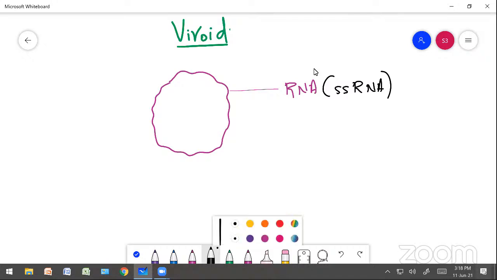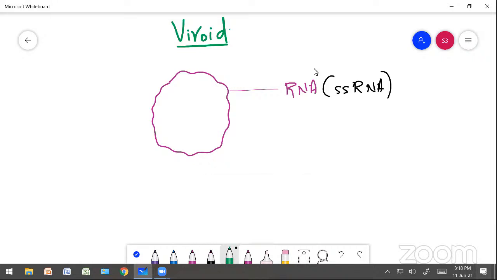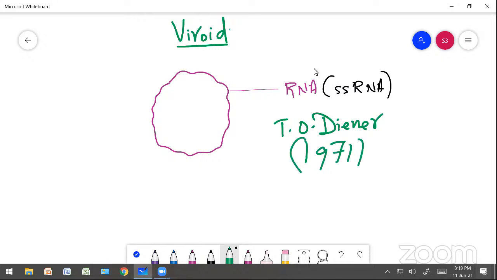But here, the viroid was first discovered by Diener in the year 1971. Viroid is a circular, single-stranded RNA molecule.